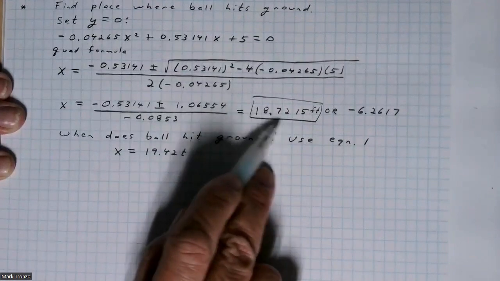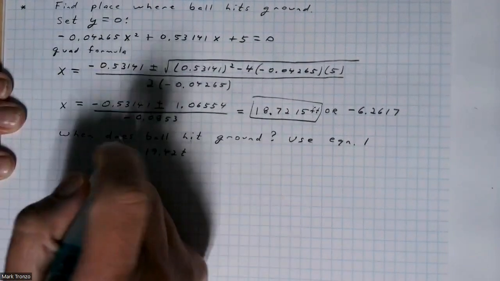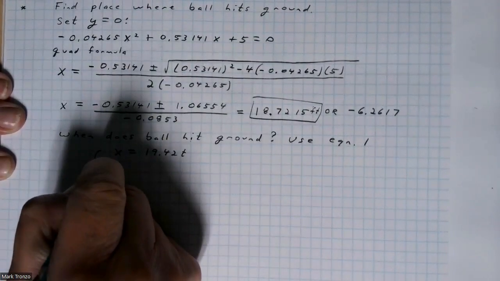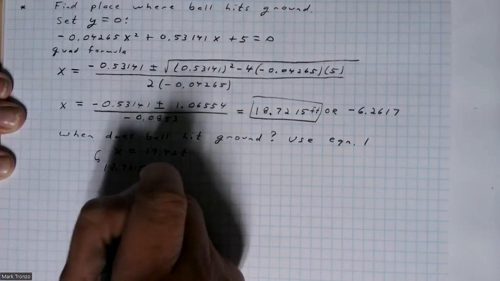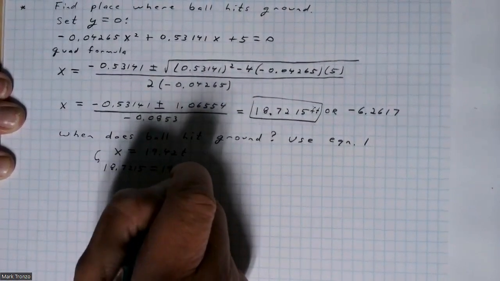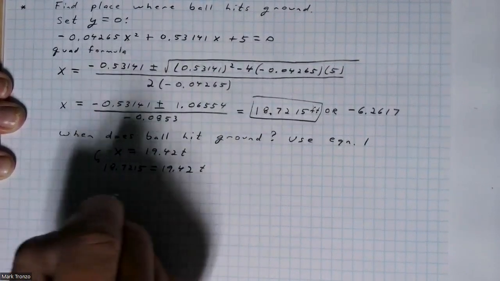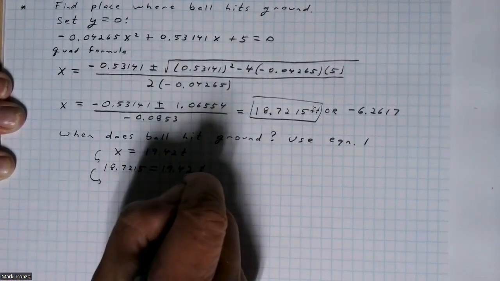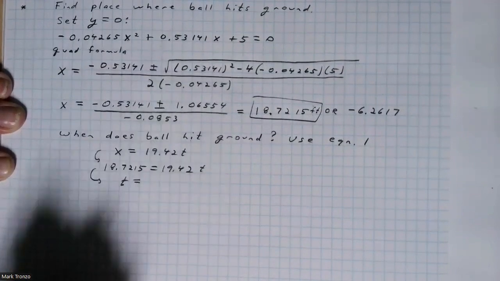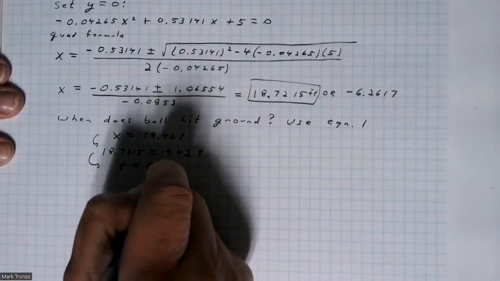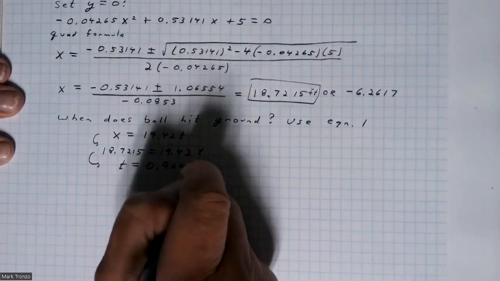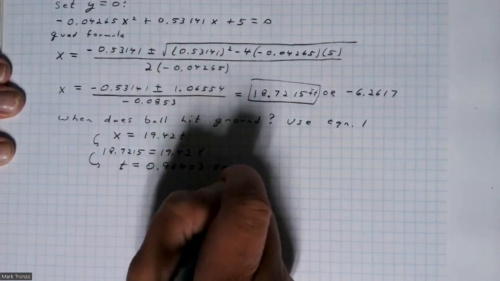But now we know what x is when it hits the ground. It's going to be 18.7215 equals 19.42 t. So then solve for t. t is equal to 0.96403 seconds.